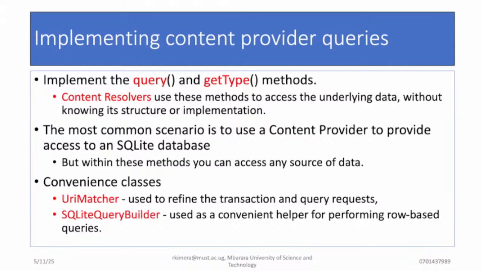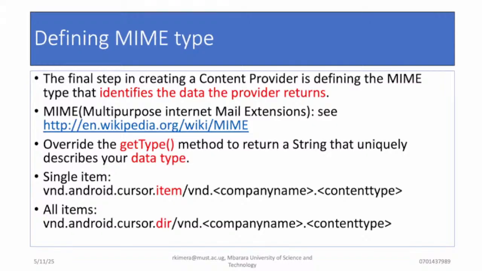So query is basically retrieving information from a database, and you have rows. So the query builder can help in that retrieval. And then the last step is to do with the MIME types, multipurpose internet mail extensions. And this one, you can still override.